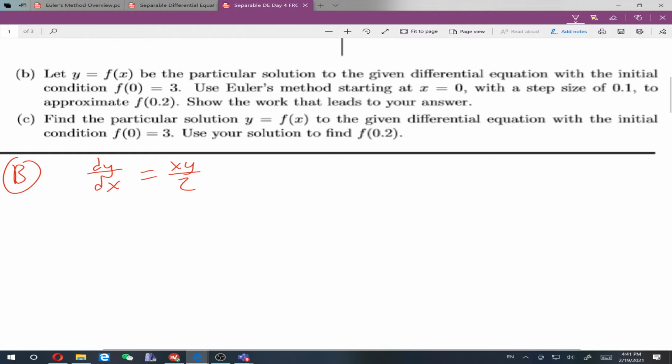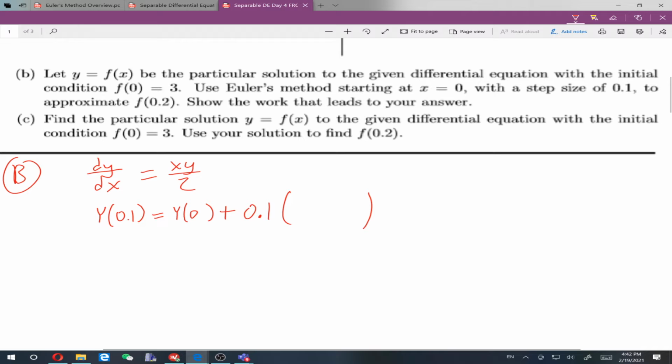What's the formula for Euler's method? Y new is equal to y previous plus delta x times dy over dx. So our new y value after one step size is going to be my y value at 0.1. That's y new, equals our previous y value, which is y at 0, plus our change in x, we're stepping at 0.1, times our slope.